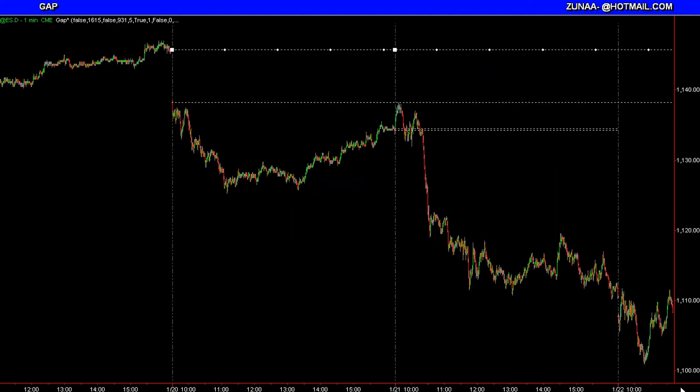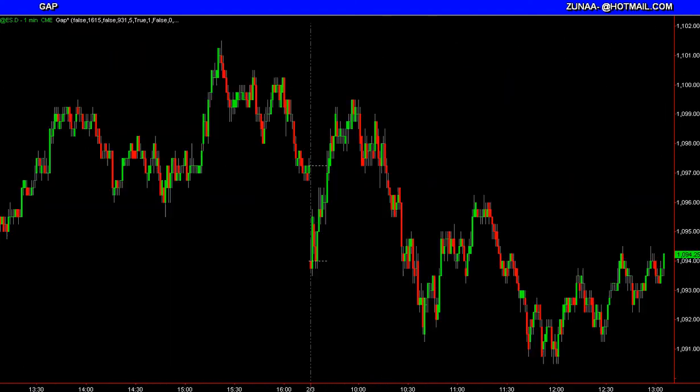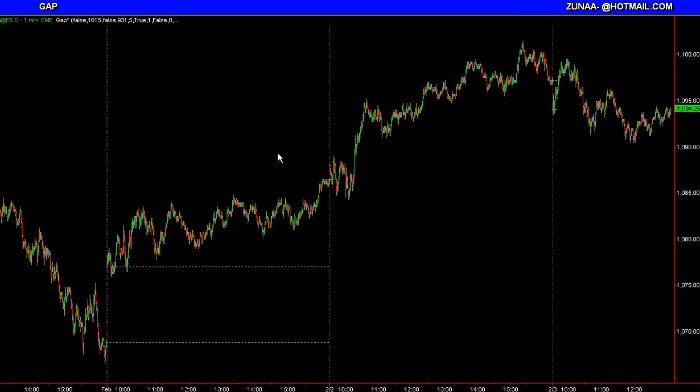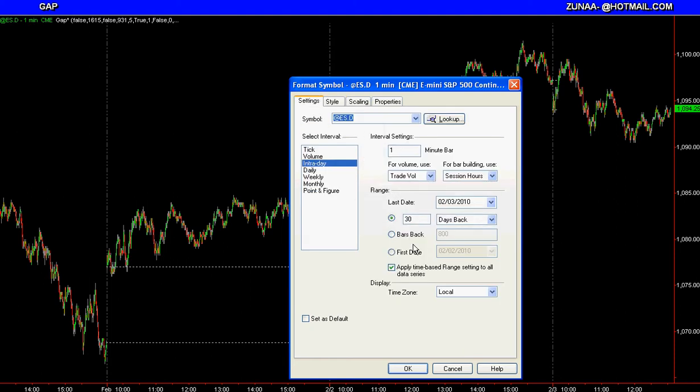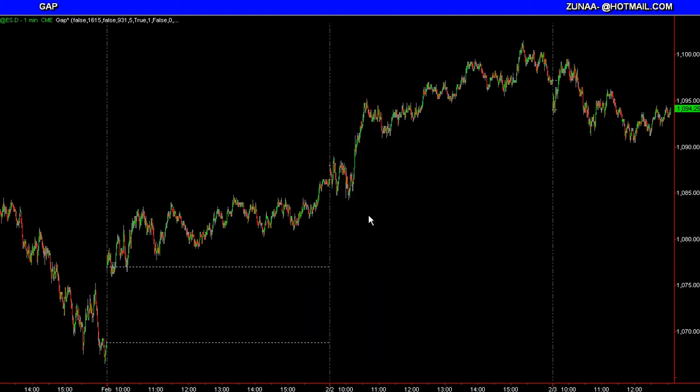So if price is near there and you don't want to continue scrolling back, you're aware of them. Simple little indicator, and it's also great for people who use, for example, the Globex charts or 24-hour charts, then you can still keep track of the gap.